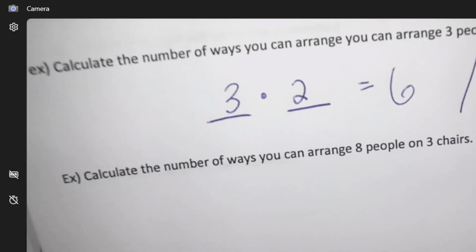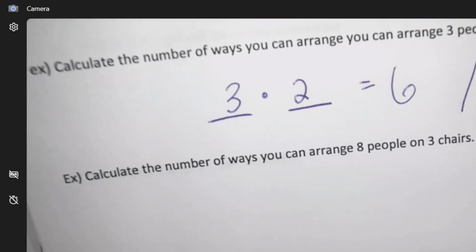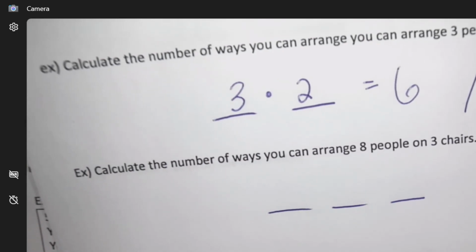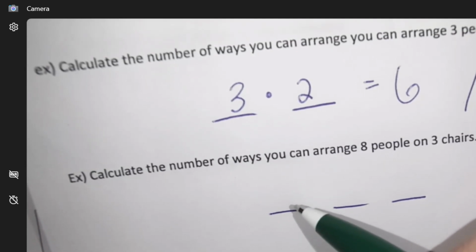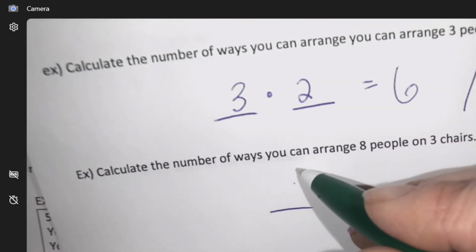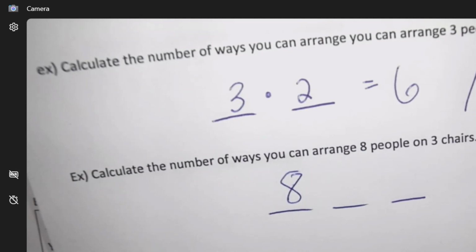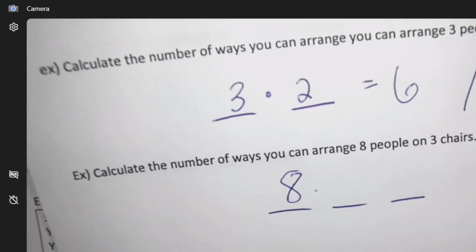Okay, calculate the number of ways to arrange 8 people on 3 chairs. So these are my 3 chairs. How many options do I have for people on my first chair? I could have 8 different people on that chair, or 8 options to pick from.